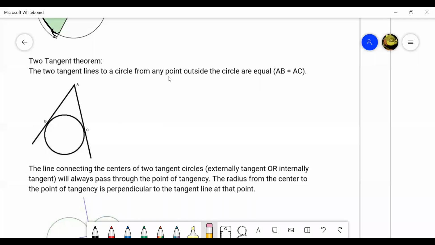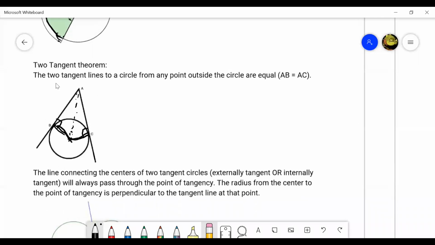You can show this because if you draw the lines from the center of the circle to the tangency points, they are perpendicular, that's the property of a tangent line. Then we connect the center to the point A, and here we have 2 congruent triangles. This works because of symmetry. So yeah, AB equals AC, and this will be more useful for things later on.